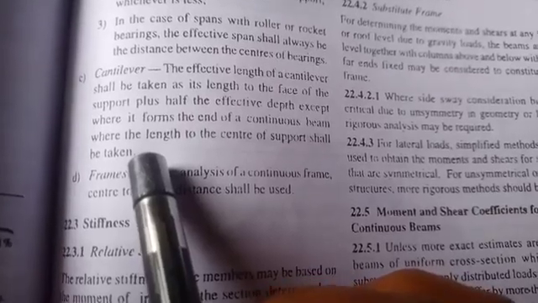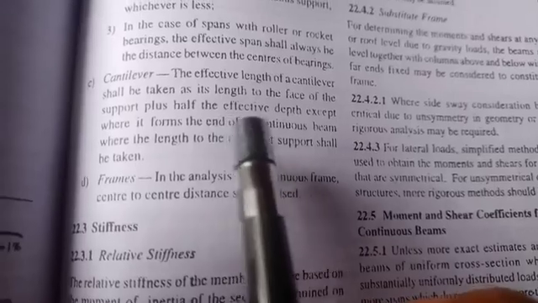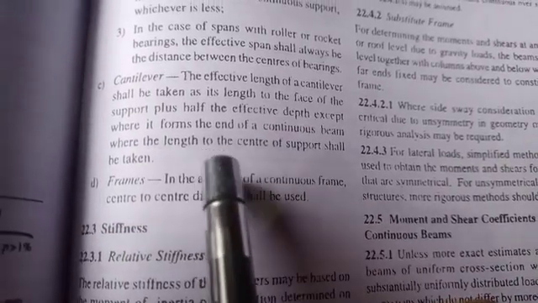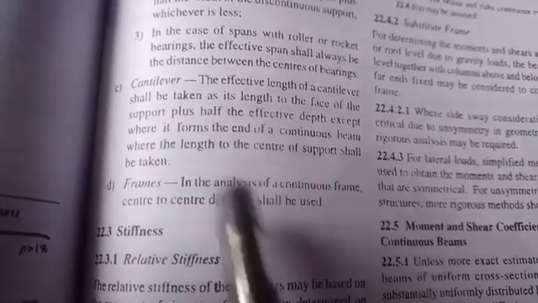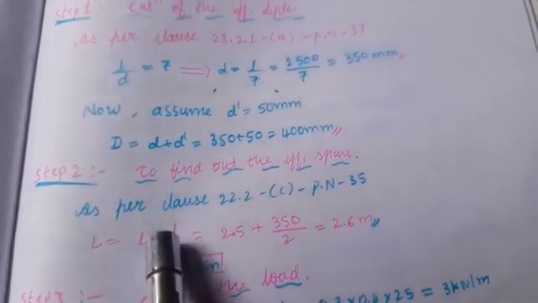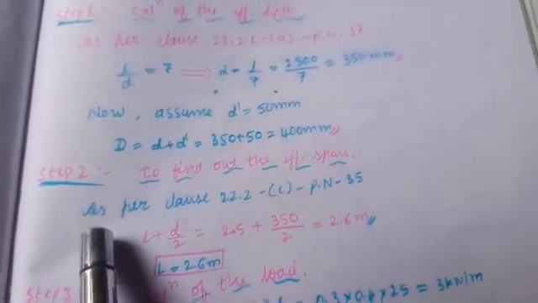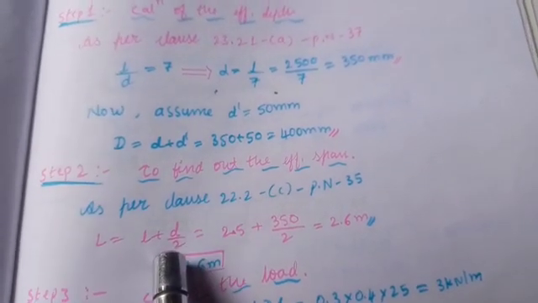So what they have said is, for calculation of the effective length of a cantilever beam, we should take the clear span plus half of the effective depth. As per clause 22.2, L is equal to clear span plus effective depth divided by 2.